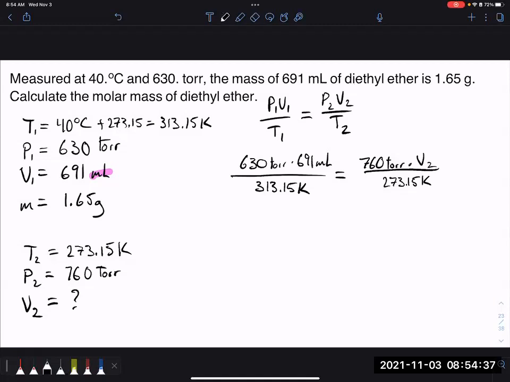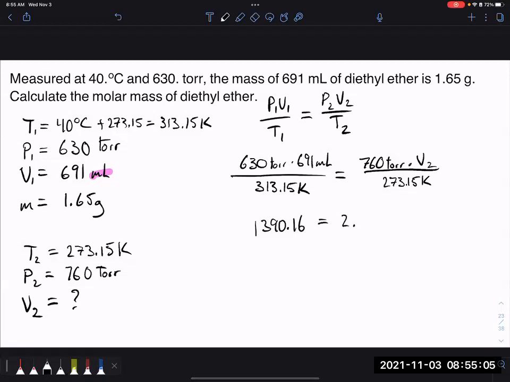Okay, so we can solve this left side easily enough. 630 times 691 divided by 313.15. And that will give us 1,390.16. And then on the right side, I'm going to do 760 divided by 273.15.